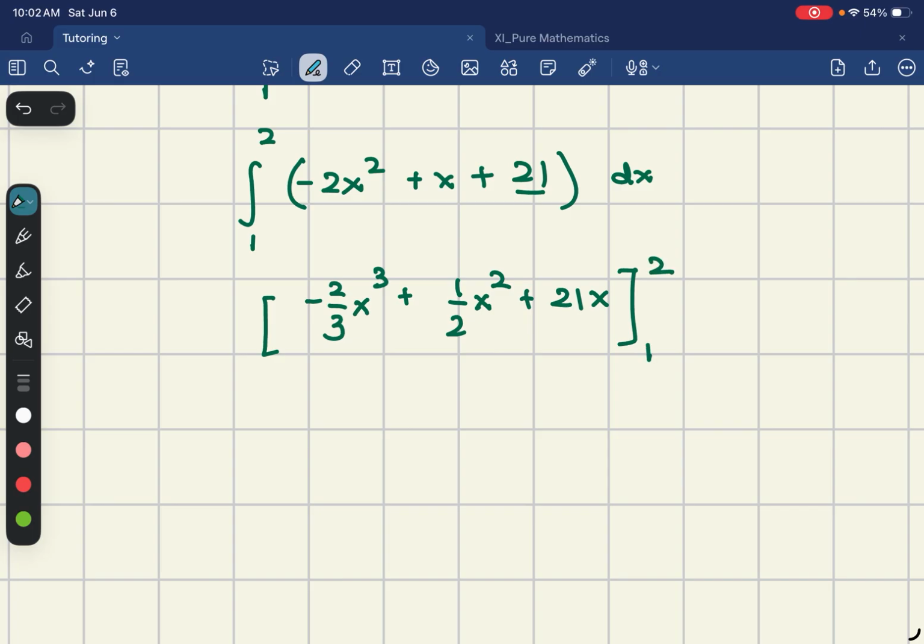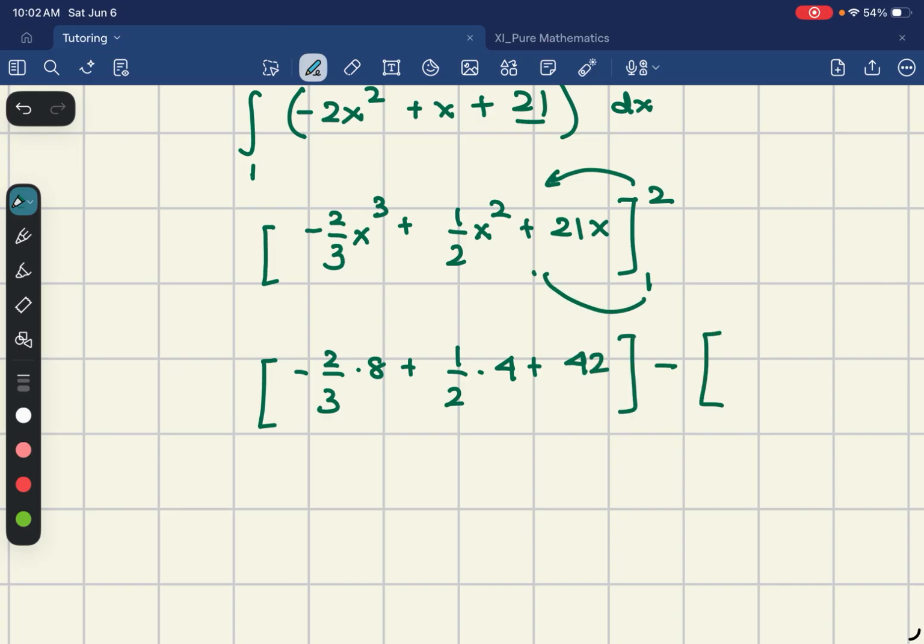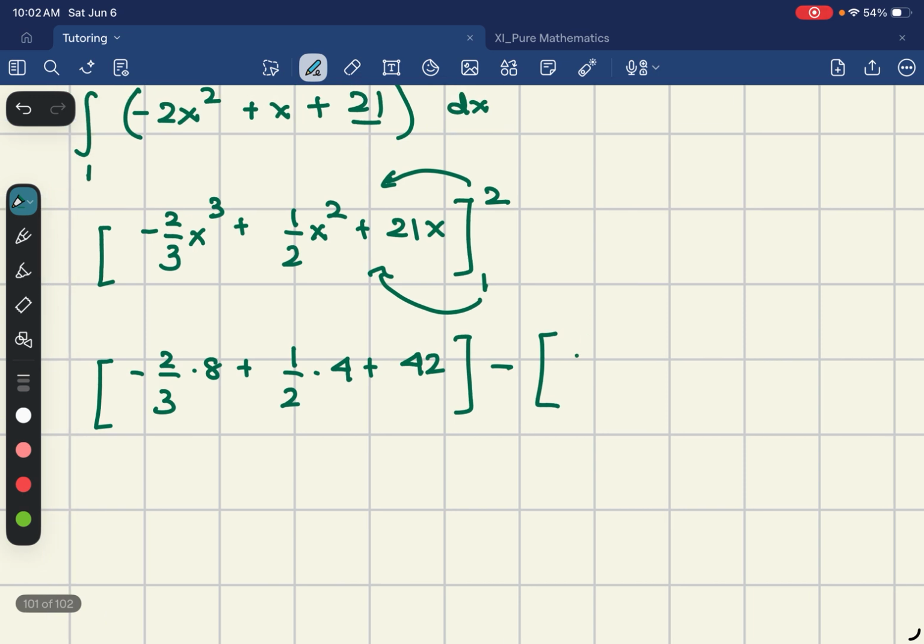And then you substitute in your bounds, 1 to 2. So substitute 2 in first. You get negative 2 over 3, 2 cubed is 8, plus 1 over 2, 2 squared is 4, plus 21 times 2 is 42. Minus comes from the formula, and then you substitute 1 here. So you get negative 2 over 3, plus 1 over 2, plus 21.